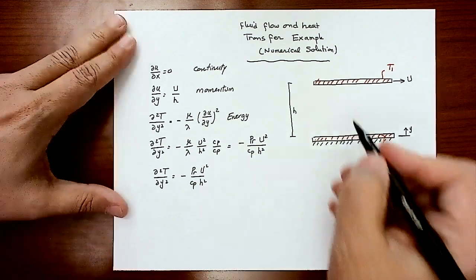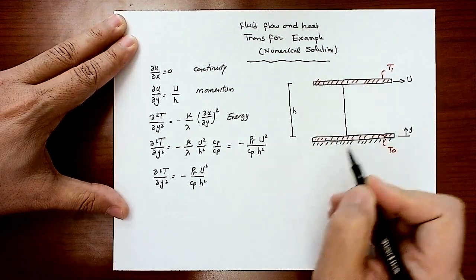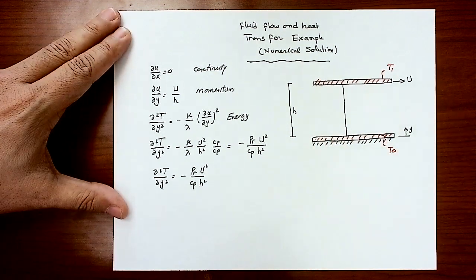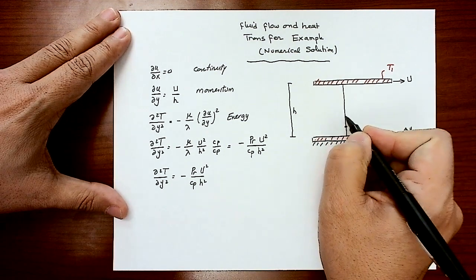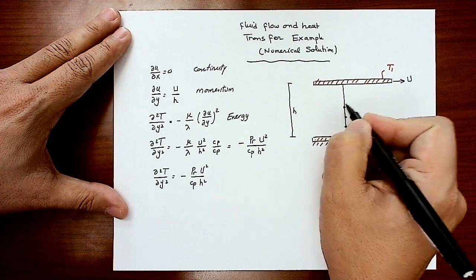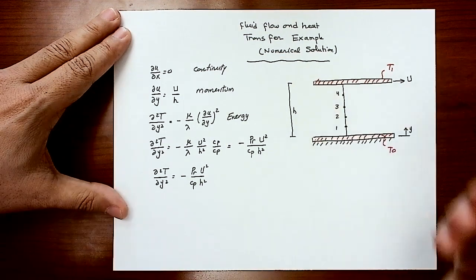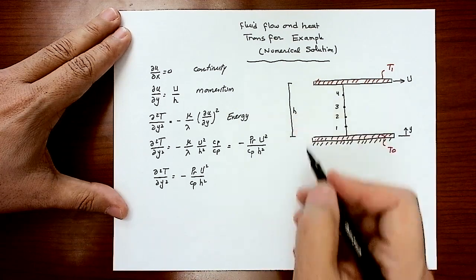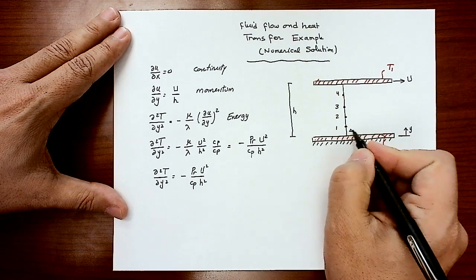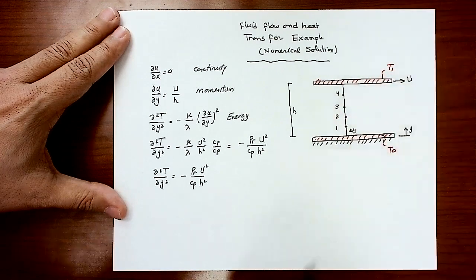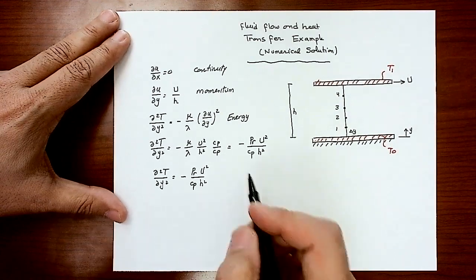So I can simply take any location between the two plates, and I can actually mesh it into a number of nodes, right? Say this is 1, 2, 3, 4. So now if I know the distance h, I can break it down so I can get my delta y. So each one of these elements has a height of delta y.